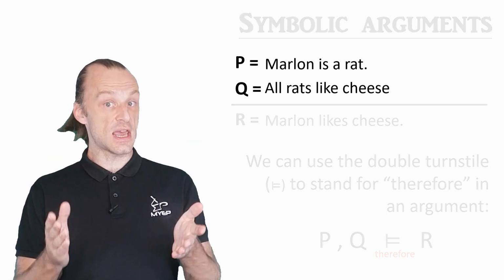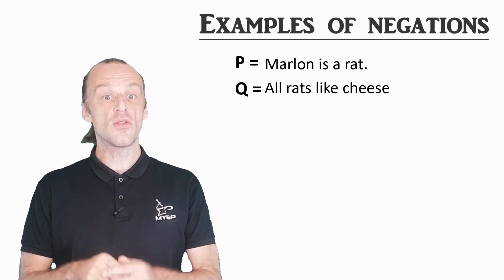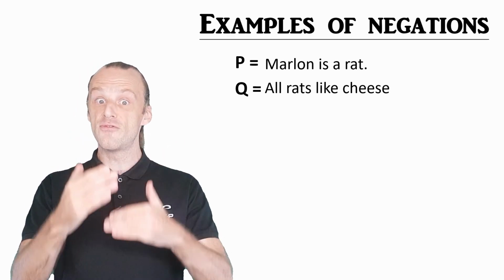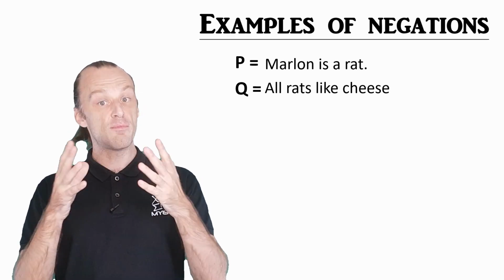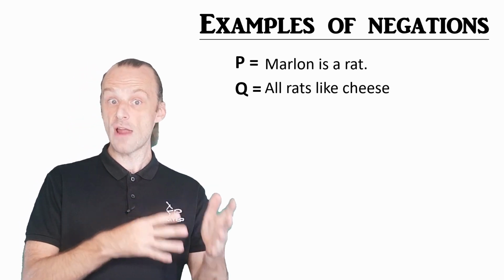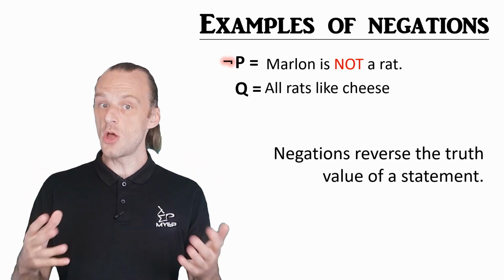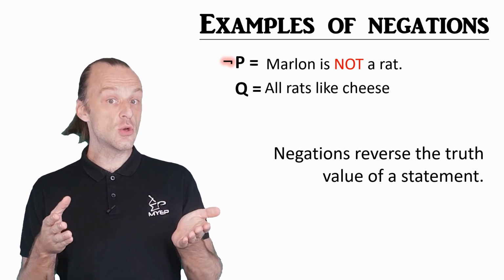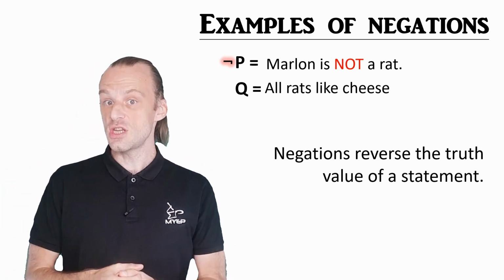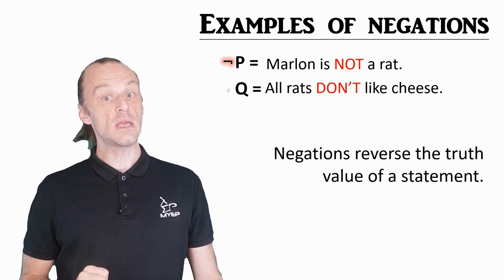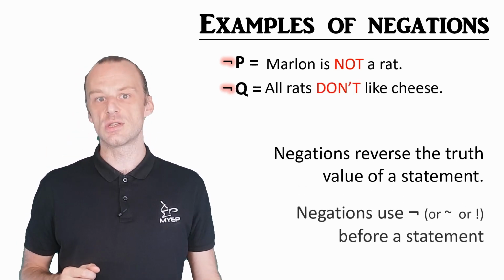Let's move on to negations. As we said before, these are simple statements with a reversed truth value. So if P is Marlon is a rat, then not P will be Marlon is not a rat. And if Q is all rats like cheese, then not Q will be all rats don't like cheese.